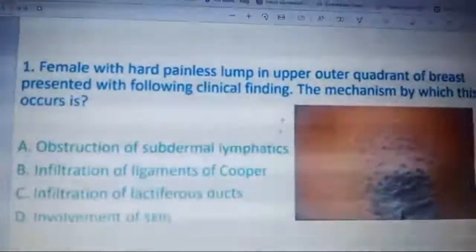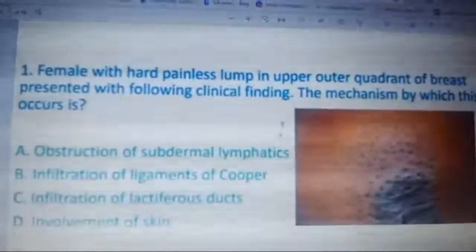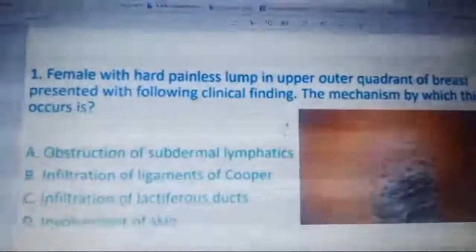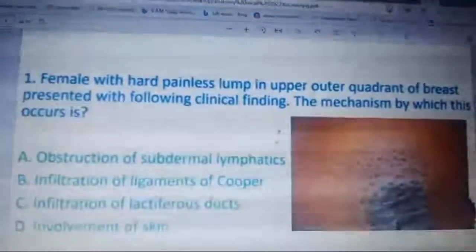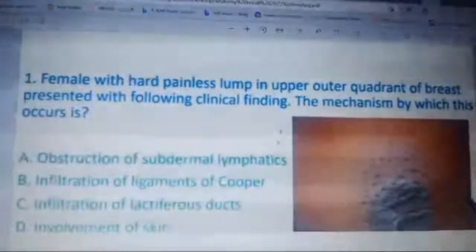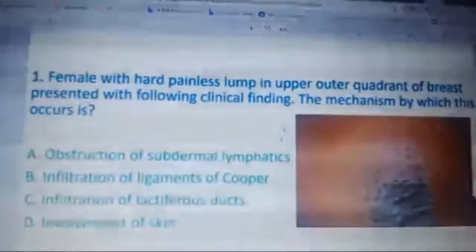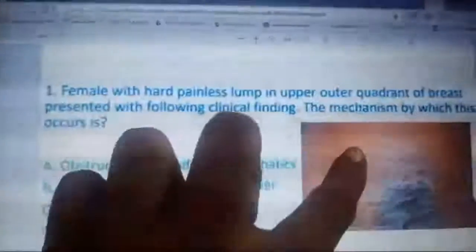So here the mechanism, you all know, is the peau d'orange appearance, and in cancer you can see the infiltration of the ligaments of Cooper, so there will be puckering of the skin here in the breast.